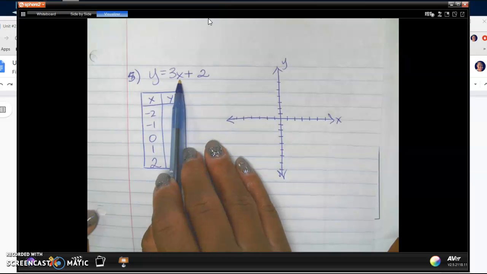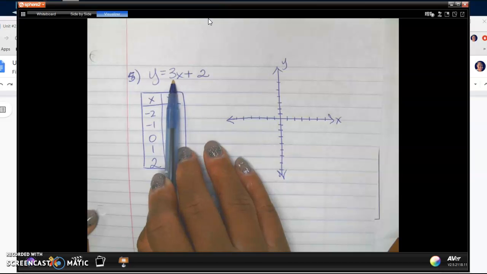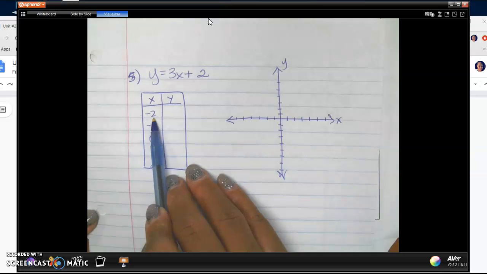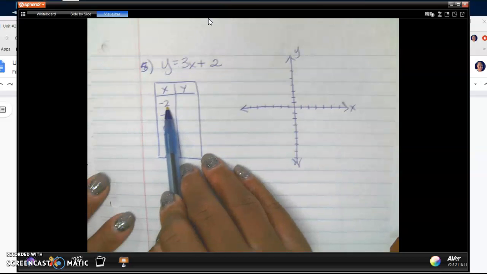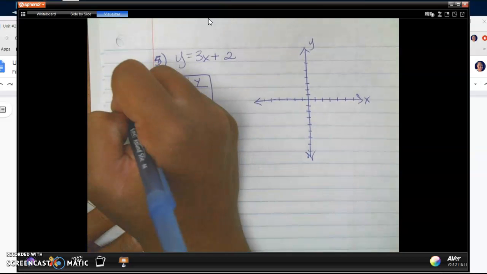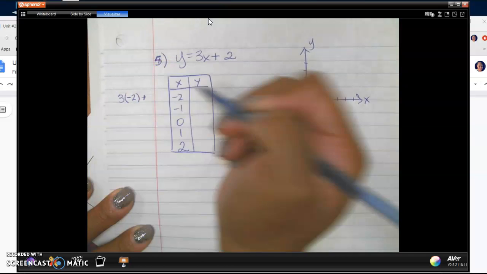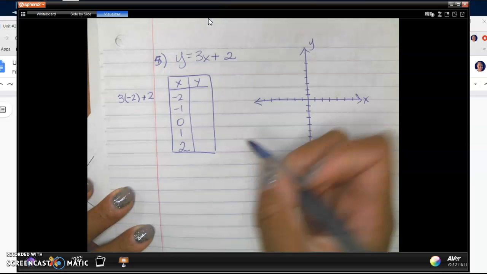I'm not multiplying my x by x. What am I doing to the x here? Multiplying by 3 and then adding 2. What's the first x that they give me? -2. So come over here to the side. 3 times -2 plus 2.